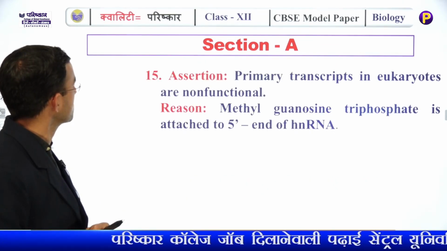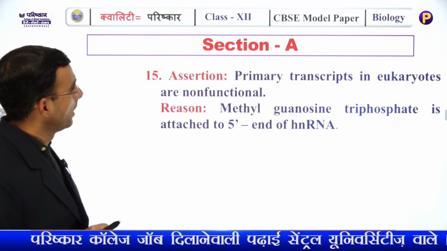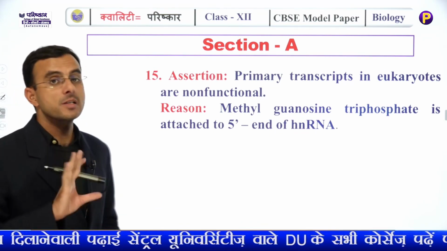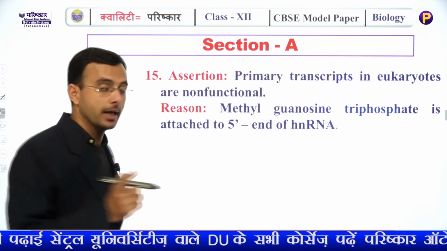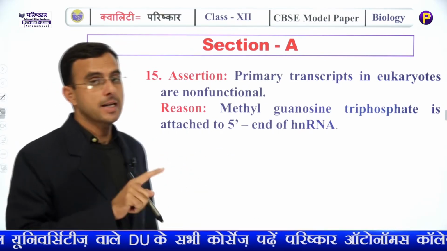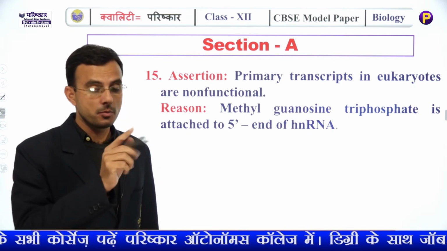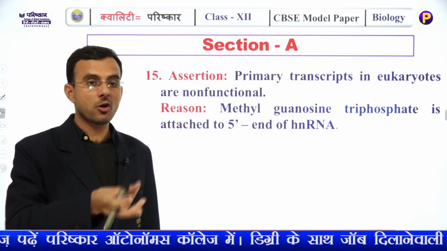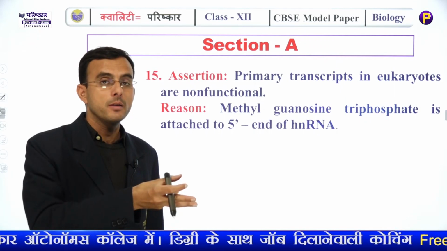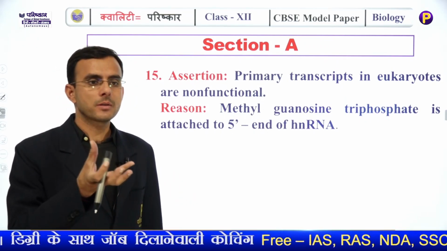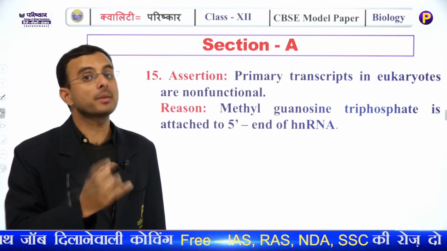So next one is 15. Primary transcripts in eukaryotes are non-functional. Look at this one. There is the central dogma, and in the central dogma, the process of making copies of mRNA from DNA is known as transcription, and in that transcription, that mRNA is known as the primary transcript.